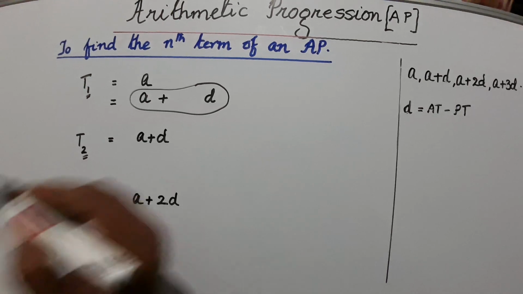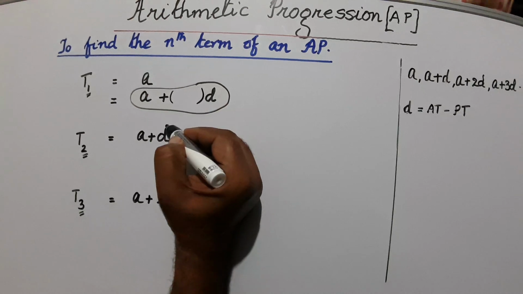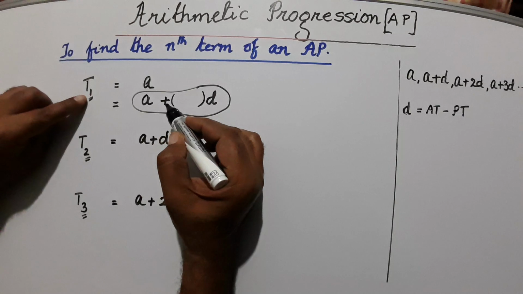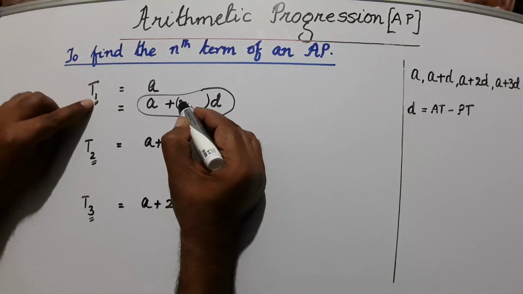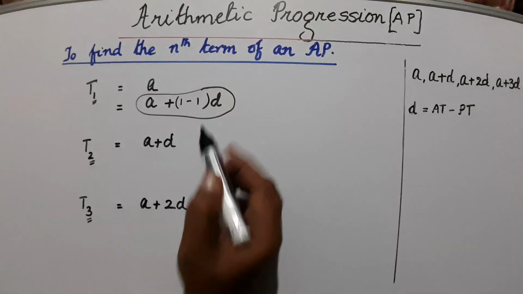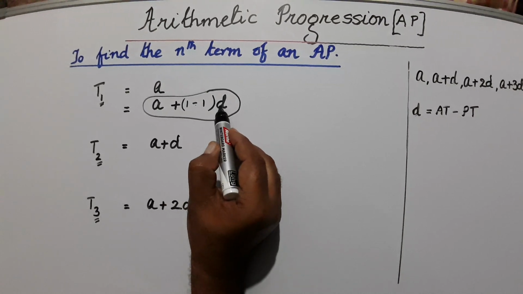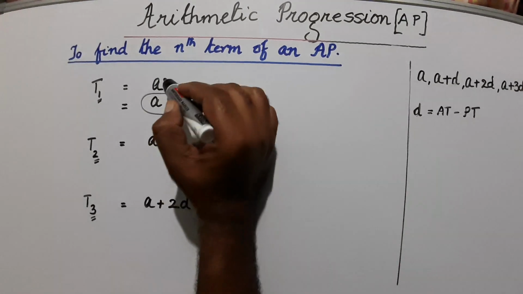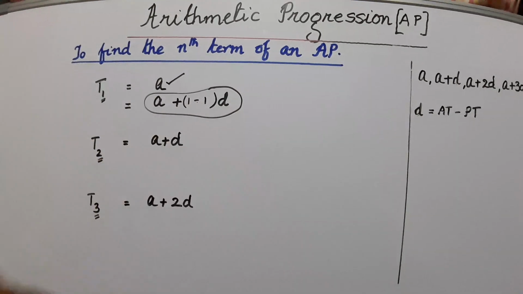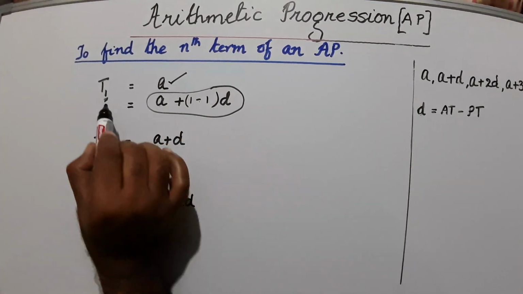So I will do it this way: a plus, I have to use the suffix 1, I will write it as 1 minus 1, into d. What is 1 minus 1? 1 minus 1 is 0. 0 into d is 0. 0 plus a is a. So I have written the first term using a, d, and the suffix 1.